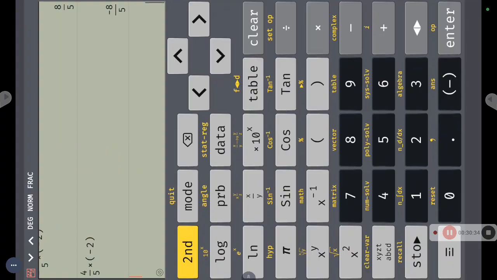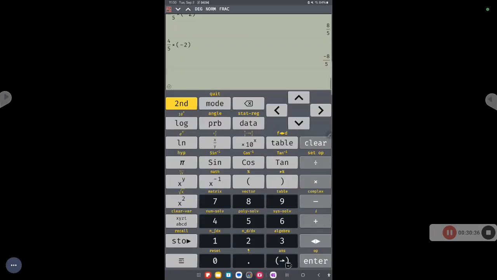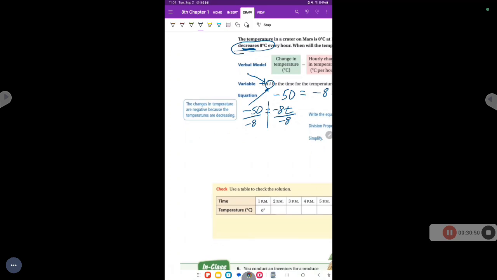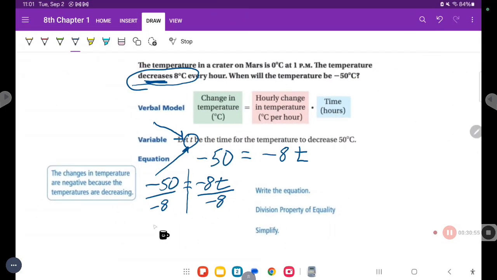So we're gonna go negative 50 divided by negative 8, and that gives me 6.25. So that's going to be 6.25 hours equals t. The time is 6.25 hours. So it will take 6.25 hours.